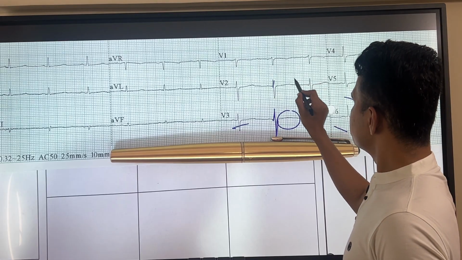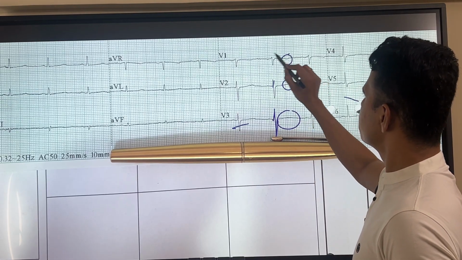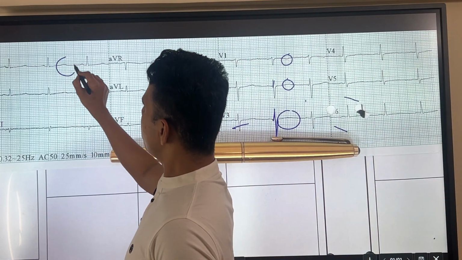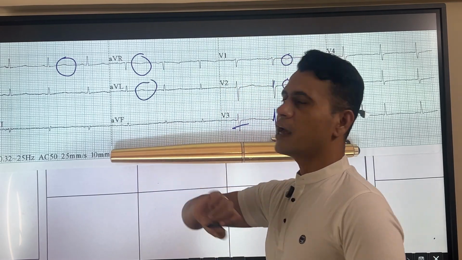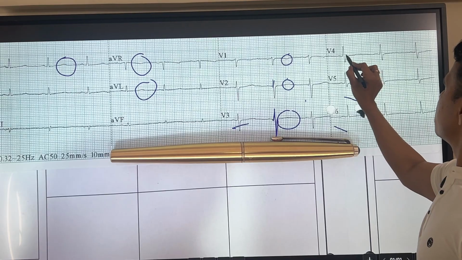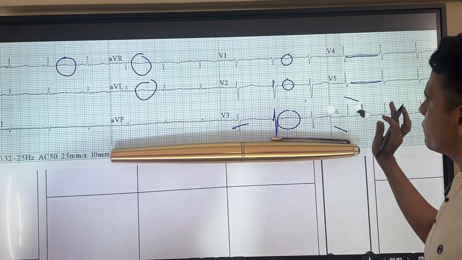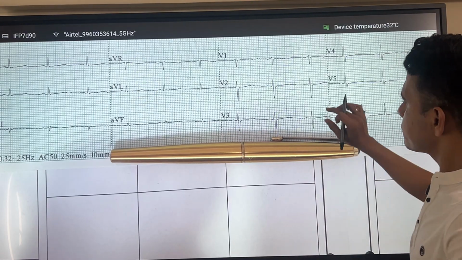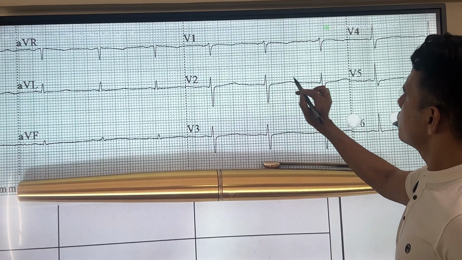The T wave is very small here. The T wave here is inverted. Everywhere, we don't see a very prominent T wave. The T wave is very small and very flat. The ST segment is almost completely flat, so the baseline is flat. So this is the first ECG where we don't see any good positive T wave. The T wave is almost flat.